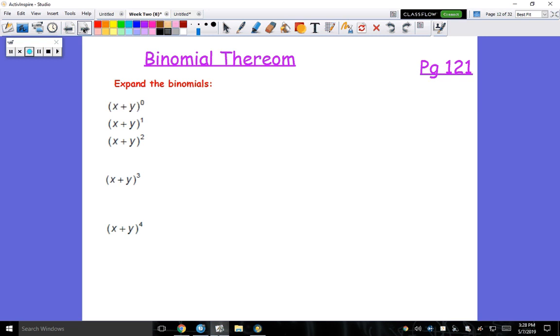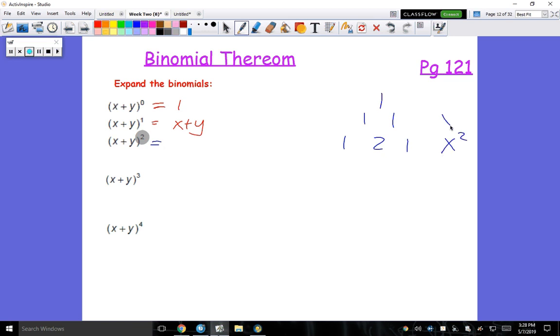So, let's move on to the binomial theorem. Here we go. We're going to expand this thing, okay? What's anything to the power of 0? 1. And what's anything to the power of 1? Itself. So now, here we go. This is your pattern. You're going to do Pascal's triangle. So we want to get to the squared piece. Here we go. 1, 1, 1, 1, 2, 1.